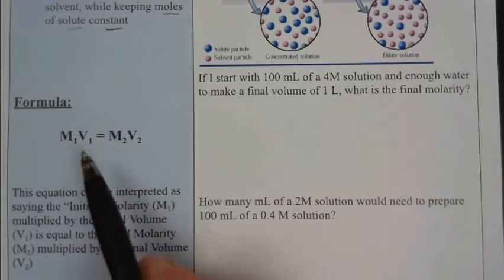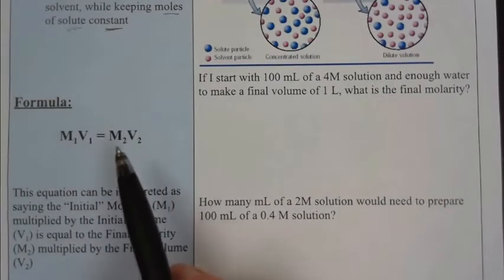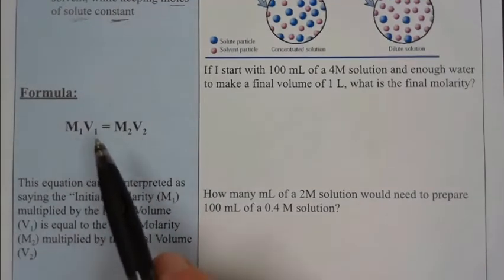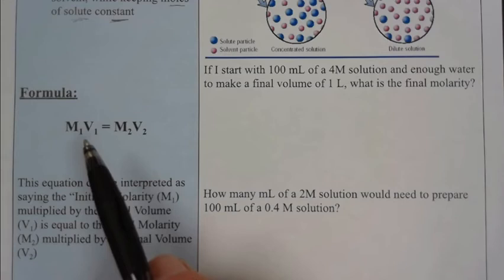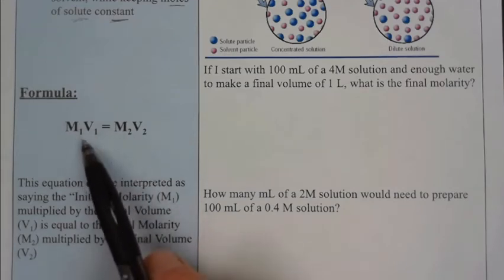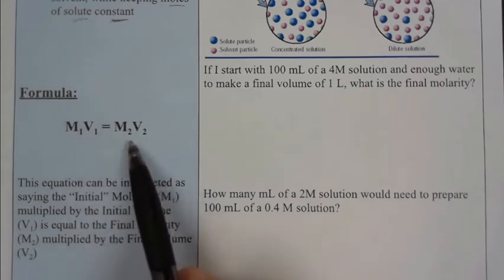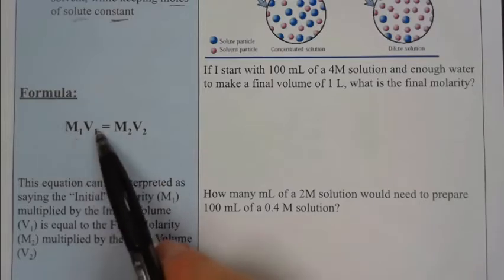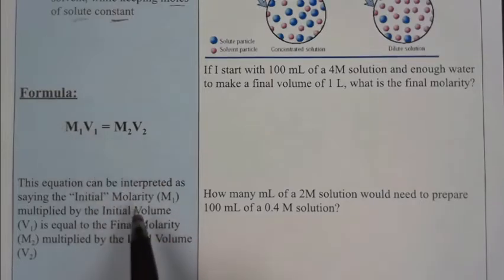This is our dilution equation that we can use to determine changes in the molarity and changes in the volume. It looks complicated only because we've got these numbers connected to it, but the 1 and the 2 just stand for initial conditions at the very beginning and final conditions at the end after we've made a change. Anytime you've got variables next to each other, it's assumed that they're multiplied.